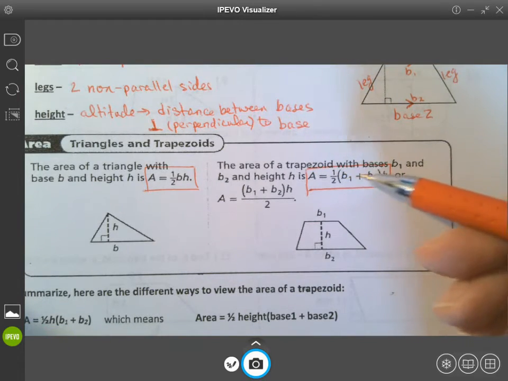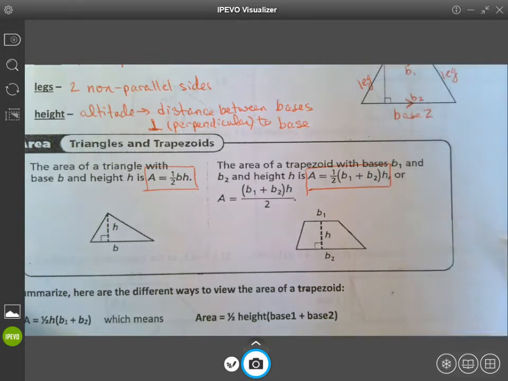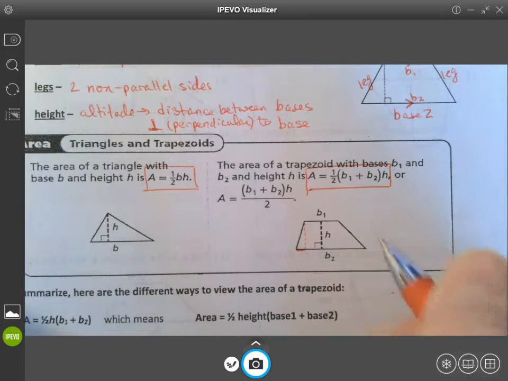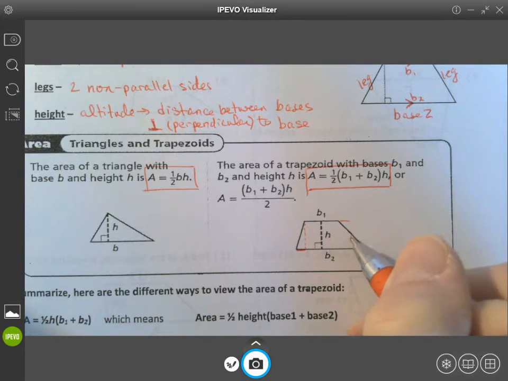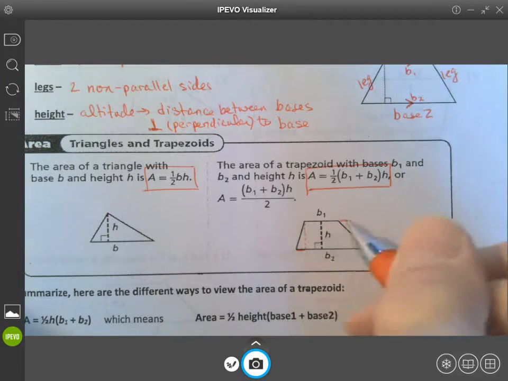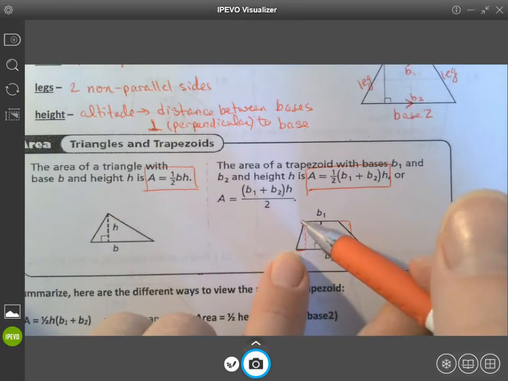So I like this formula. This half base 1 plus base 2, guys, you're taking the average base. So if you could drop this line and cut this little piece off and bring it over here, and then drop this line and cut this little piece off, the idea is we would create this rectangle, okay? Or maybe I cut this off and add it to here.